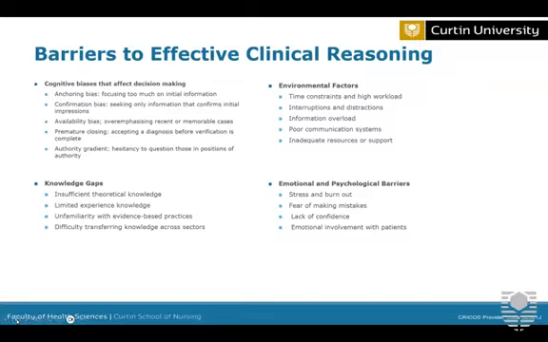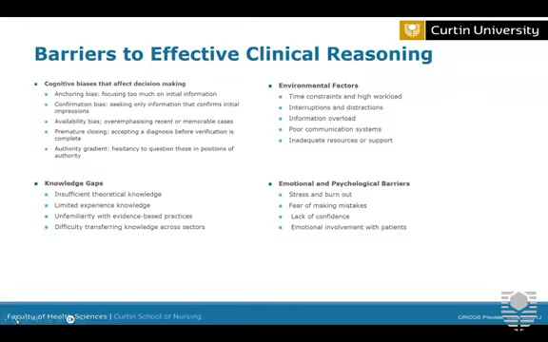So you can see that cognitive biases can be multiple, and therefore when we're gathering data from our person, or when we're communicating information from that person to the healthcare team, we need to make sure that we've actually addressed all of the potential biases that might influence decisions.